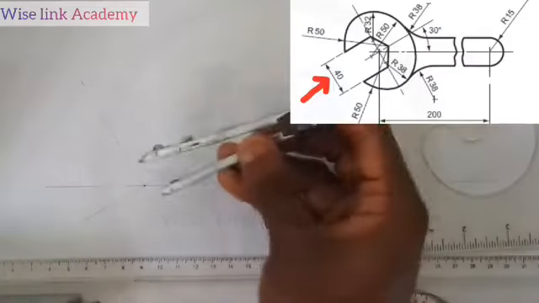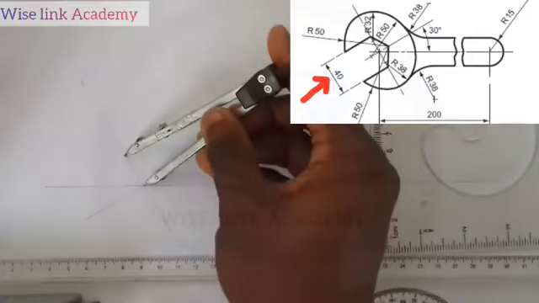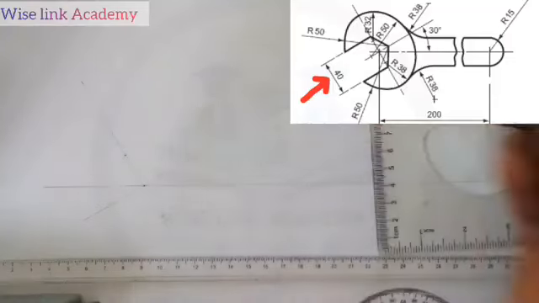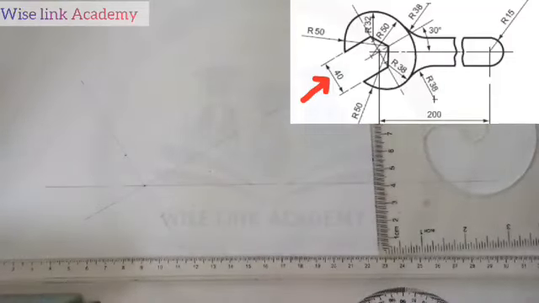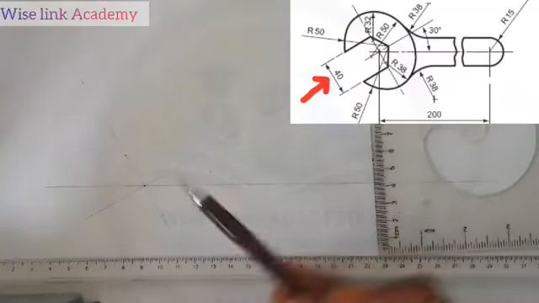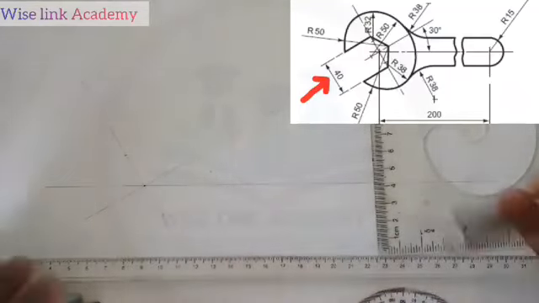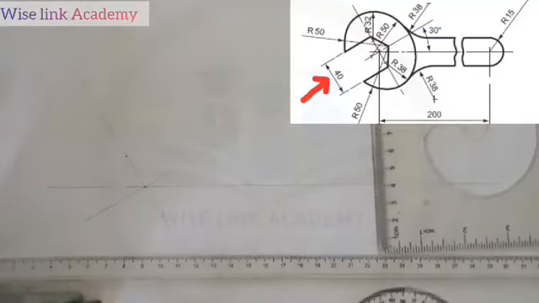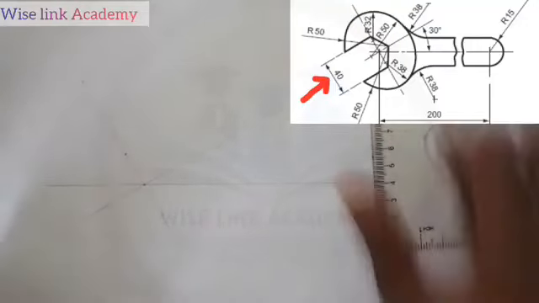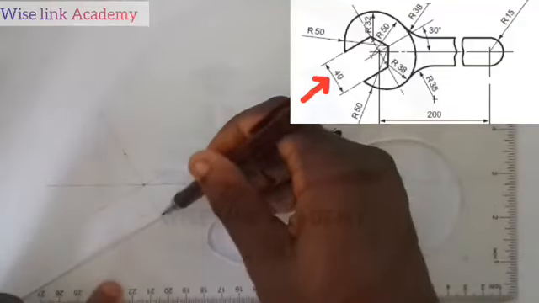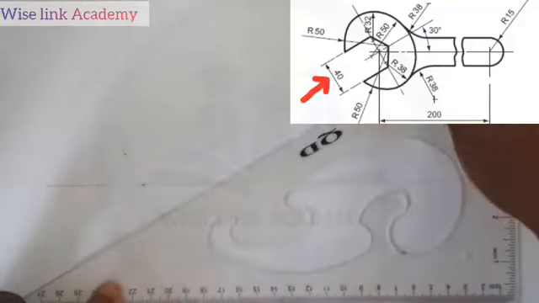I will place it at this point, strike an arc here, also strike an arc here, which sums up to what? 40. So next up, I will draw a parallel line like this to the upper one, this way, taking my set square tangent to my T-square.